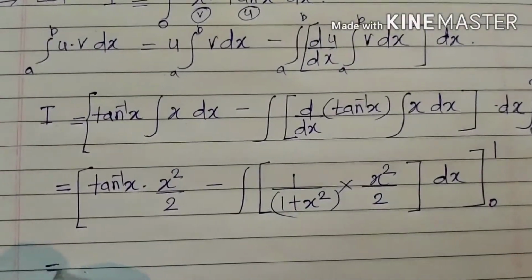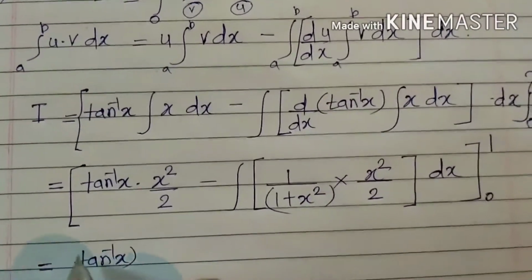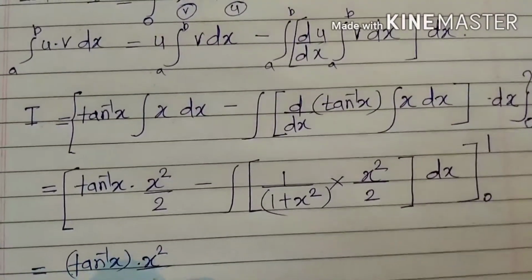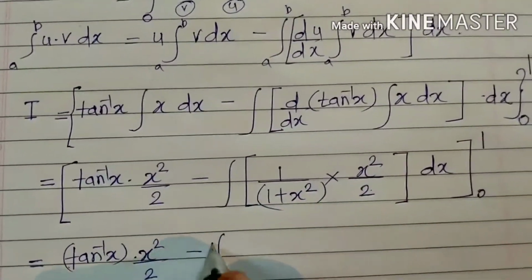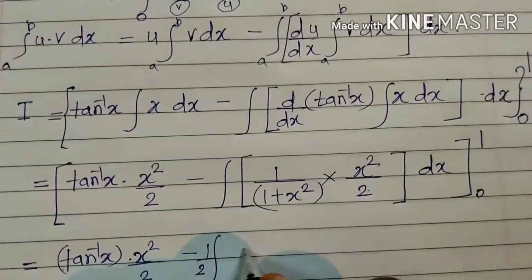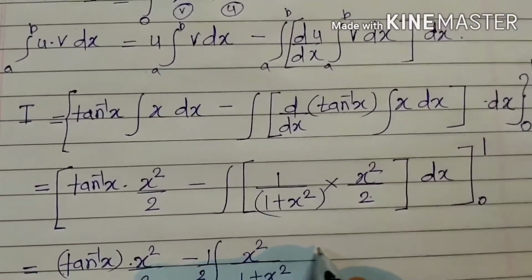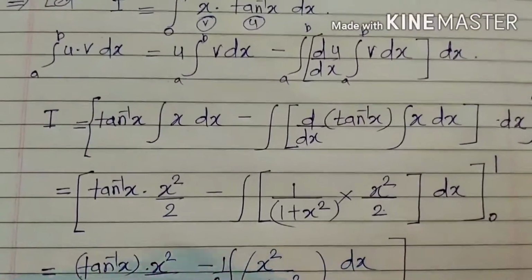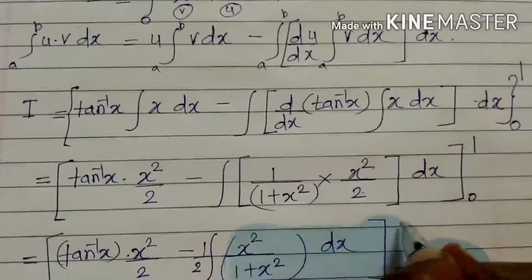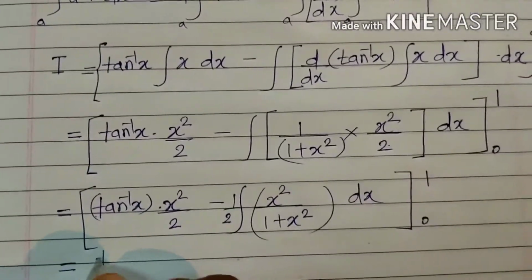Now next step, tan inverse x into x square upon 2 minus integration. This 1 upon 2 is constant, take it outside of the integration. So remaining here is x square upon 1 plus x square dx, and the limits 0 to 1.